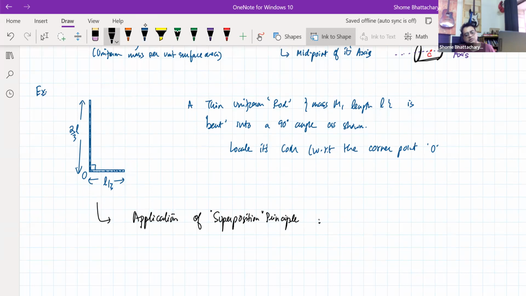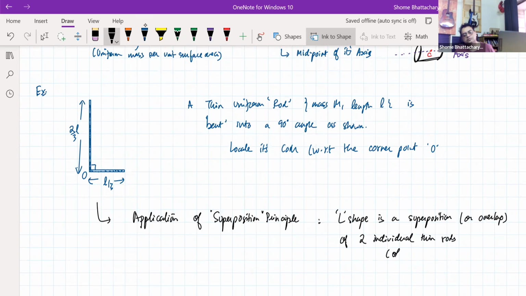That is, that the L shape is a superposition or overlap of two individual thin rods, of length L/3 and 2L/3. This one will have mass of 2m/3, and this one will have mass m/3.